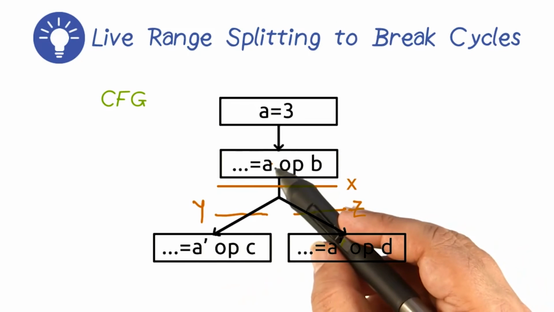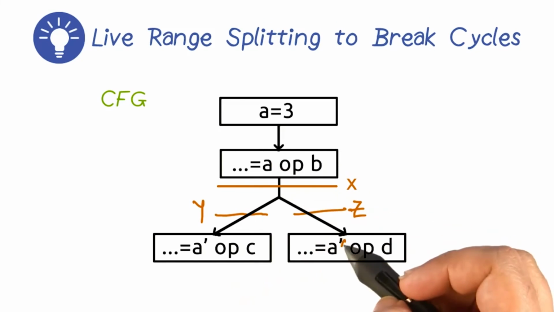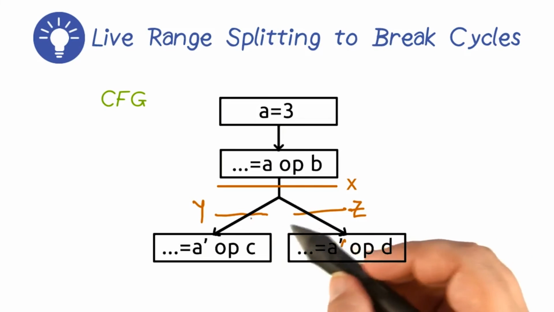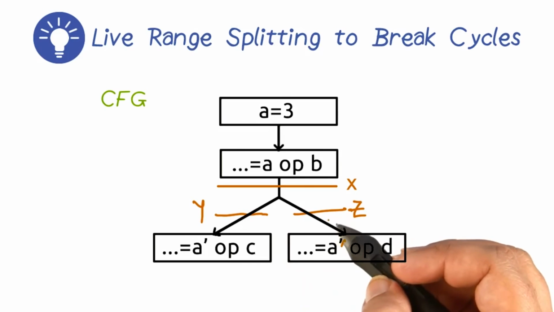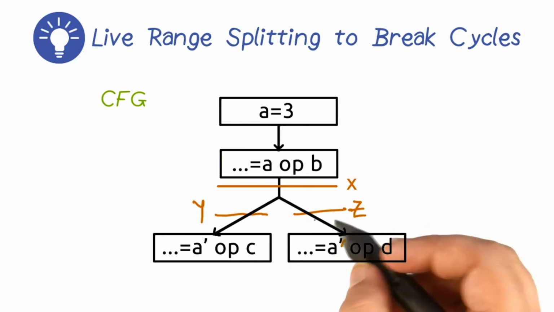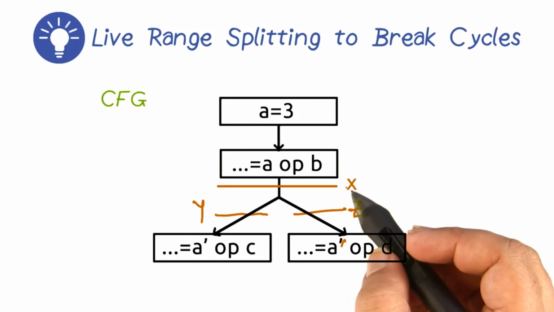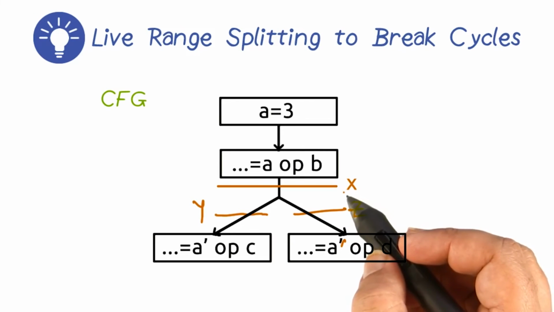Moreover, we'll have to also move the data from R1 here to R3, which is given to A double dash. So in short, cutting the live range into unnecessary pieces also incurs a cost, and if we can cut it minimally and get rid of the cycle, that is the best thing to do here.